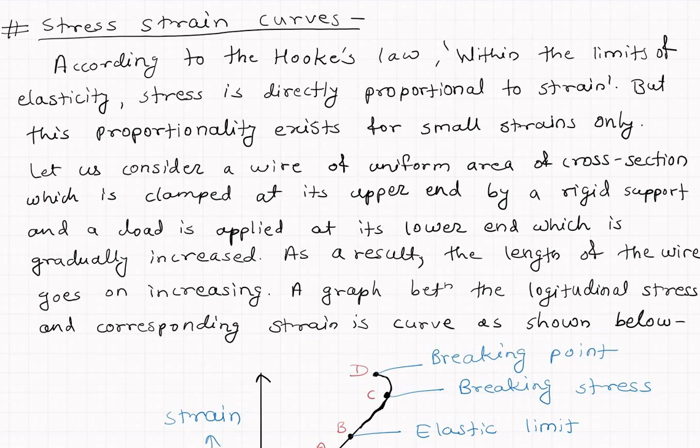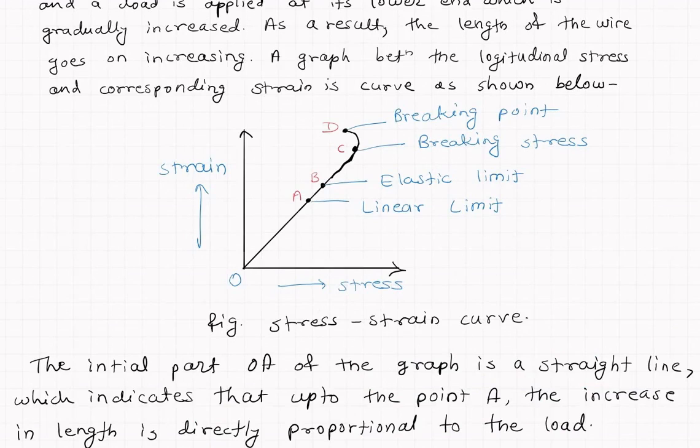As a result, the length of the wire goes on increasing. A graph between longitudinal stress and corresponding strain is a curve as shown in the figure below. As shown in the figure, the initial part OA of the graph is a straight line, which indicates that up to the point A, the increase in length is directly proportional to the load.